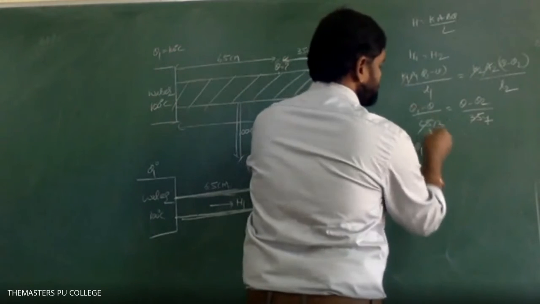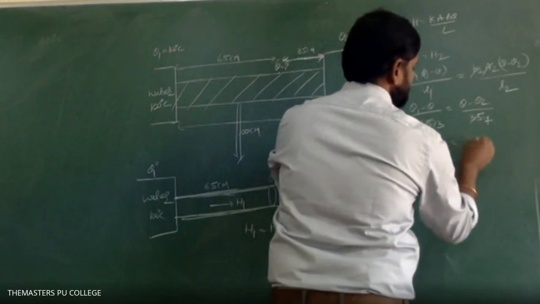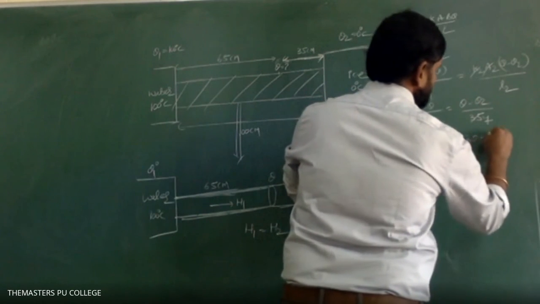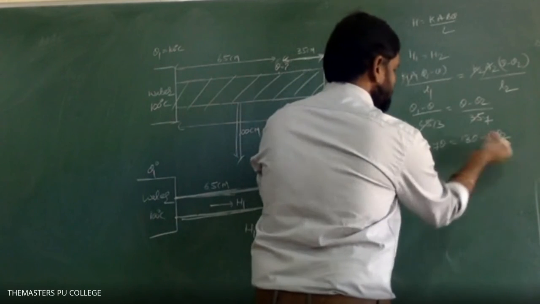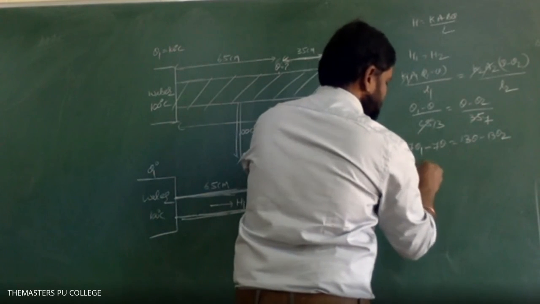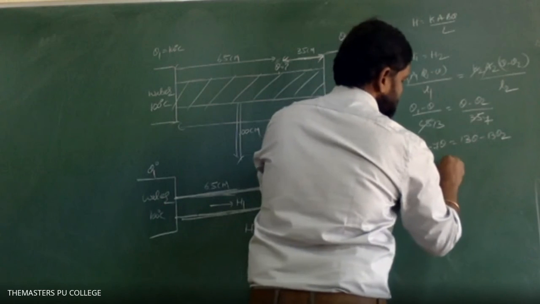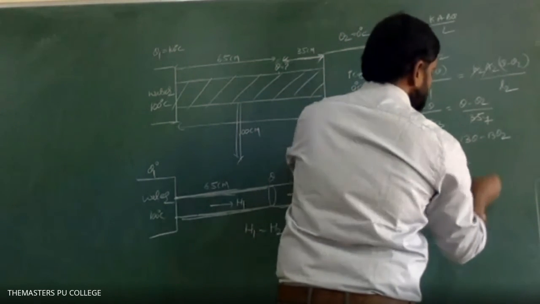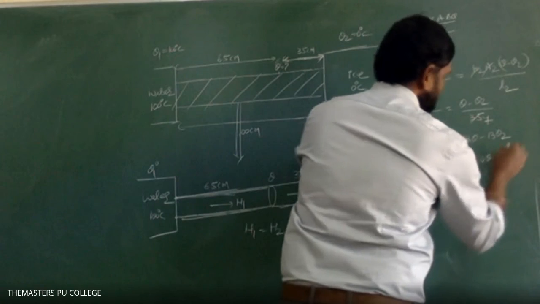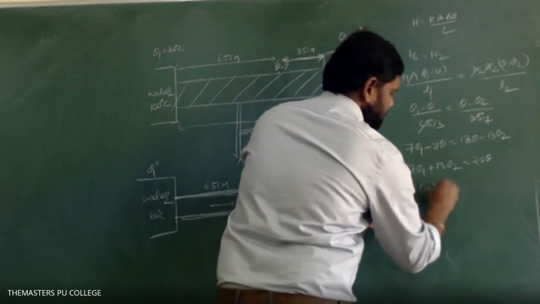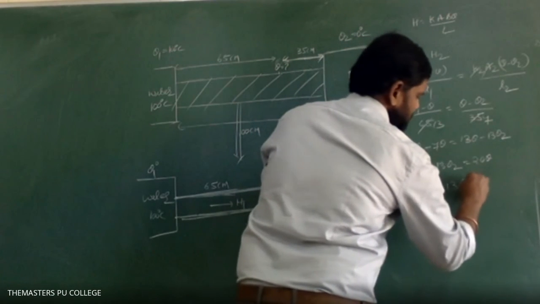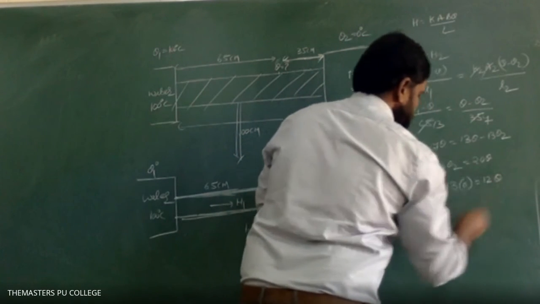Yes. 7 theta 1 minus 7 theta equals 13 theta minus 13 theta 2. This 7 theta is taken this side and 13 theta is taken this side. 7 theta 1 plus 13 theta 2 equals 20 theta. So 7 into 100 plus 13 into 0 is equal to 20 theta.